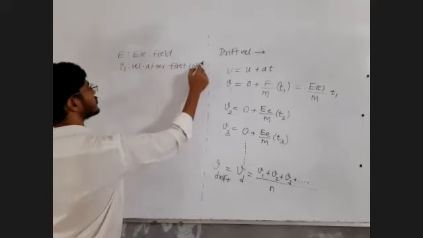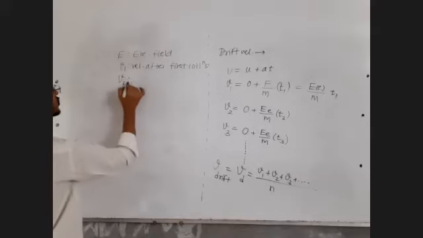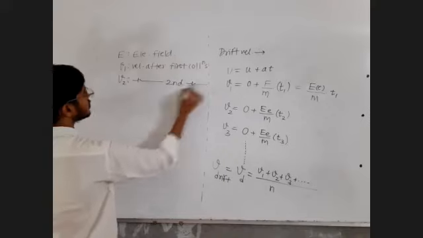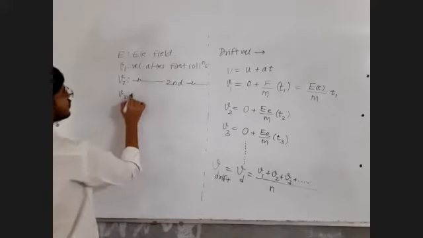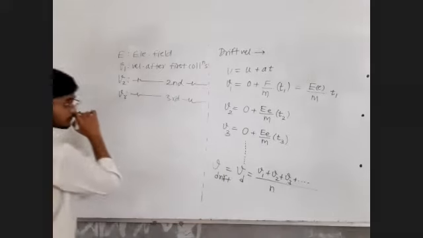Just keep on writing. This derivation will not be asked in the boards. V2 is the velocity after the second collision. V3 is the velocity after the third collision, and so on.